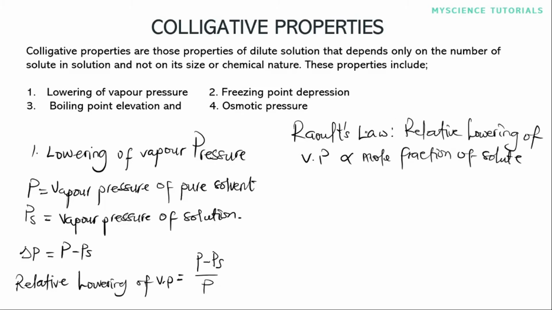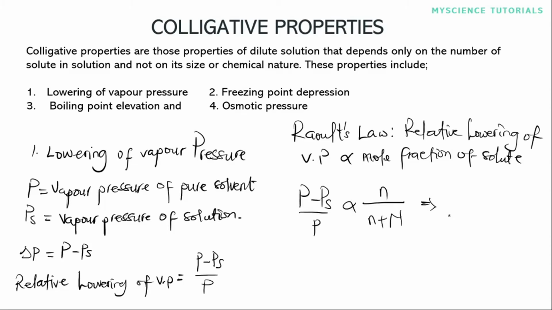Which means we know our relative lowering of vapor pressure is P minus Ps over P, proportional to the mole fraction of the solute. The mole fraction of the solute is the mole of the solute divided by the sum of the mole of the solute plus that of the solvent. Now if we remove the proportionality sign, we introduce an equal to sign and then a constant.